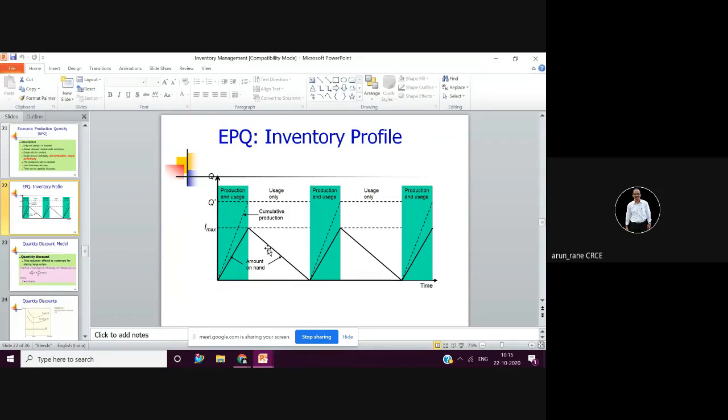The moment it reduces, that time you start, and you have the quantity, and you again consume it. And again, the moment it reduces to zero, again you start manufacturing.